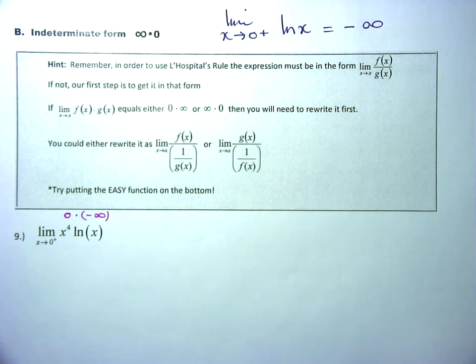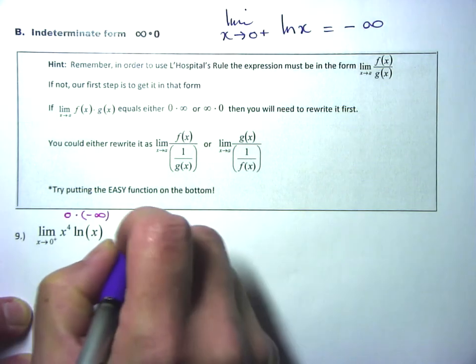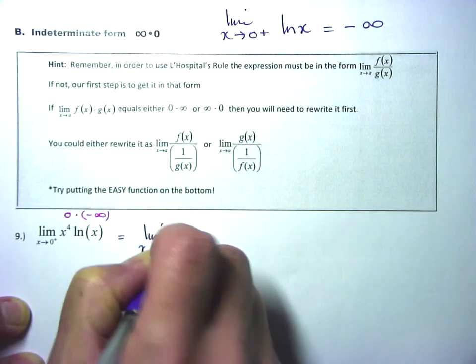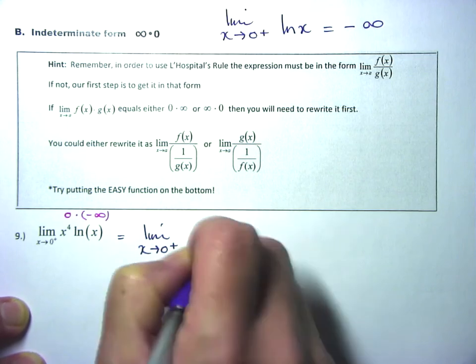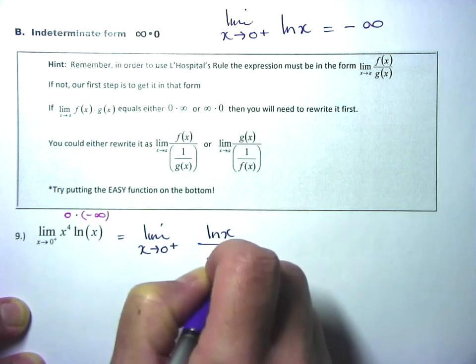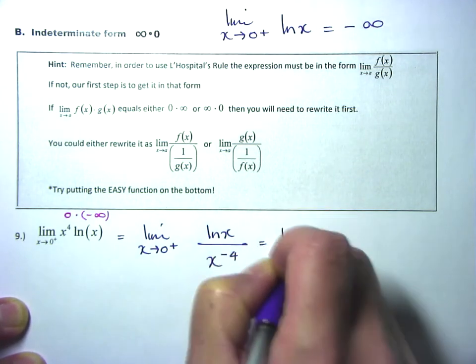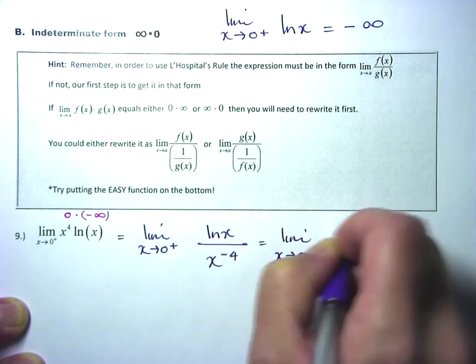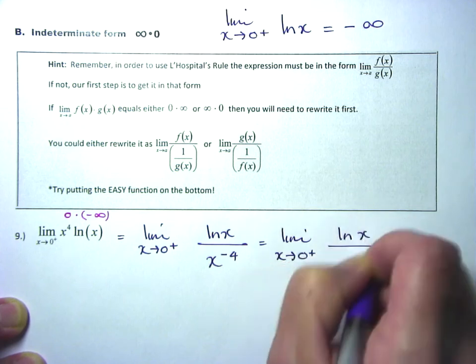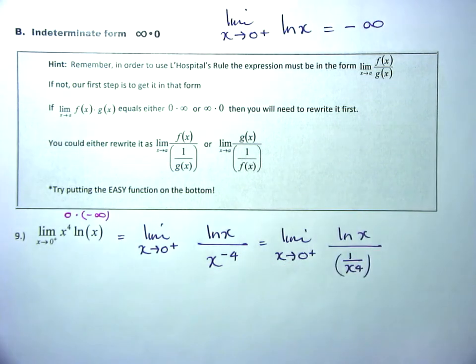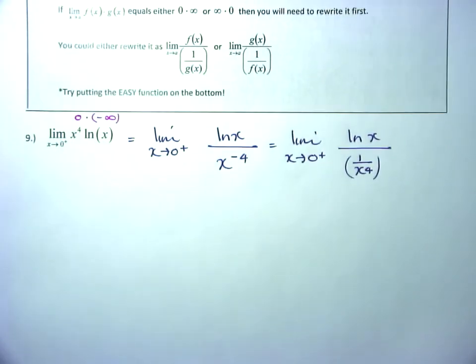When you move it to the bottom, you can write it as the limit as x approaches 0 of the natural log of x divided by x to the power negative 4, or it doesn't matter, you can write it as natural log of x divided by 1 over x to the power 4. So my expression is equivalent, but it now takes that fractional structure.